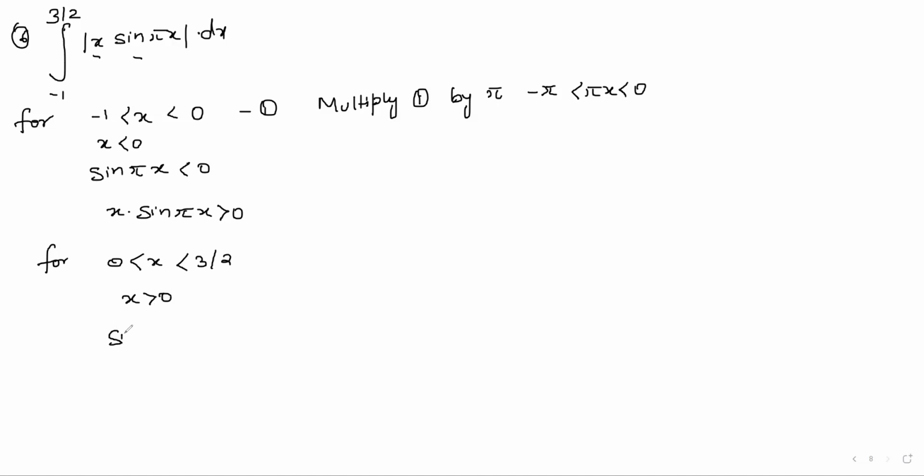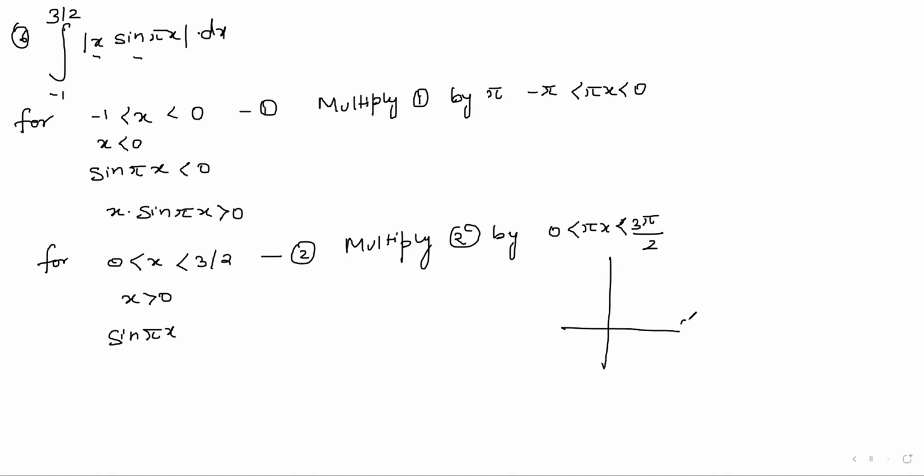And we also have to check sin pi x, so multiply by pi, and pi x is between 0 and 3 pi by 2. Three quadrants come: first, second and third. In these three quadrants the sign of sine is different, so it is not possible for us to decide this.